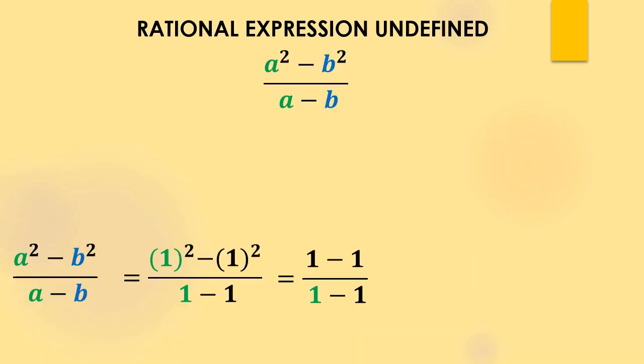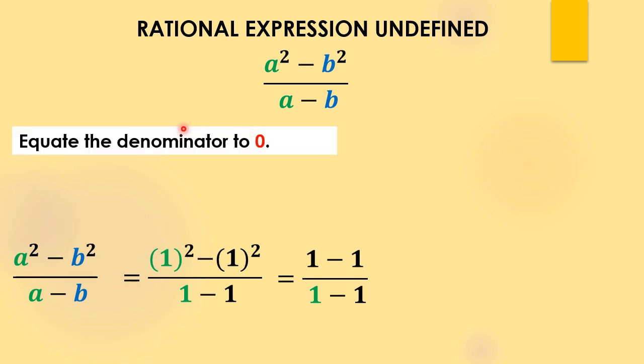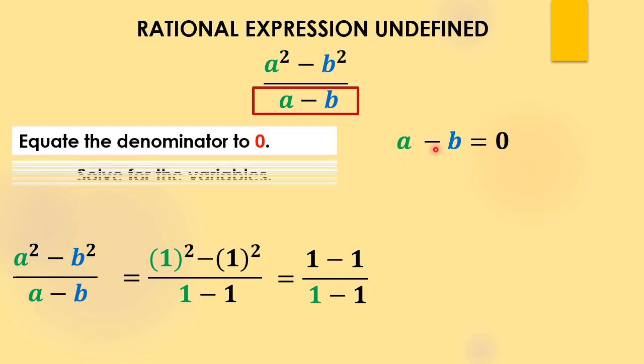Okay, let's have another one. I have here a squared minus b squared over a minus b. So let us find the restricted values of a and b. First, let us equate the denominator to 0. Our denominator here is a minus b. If we equate this to 0, we're going to solve for the variables.